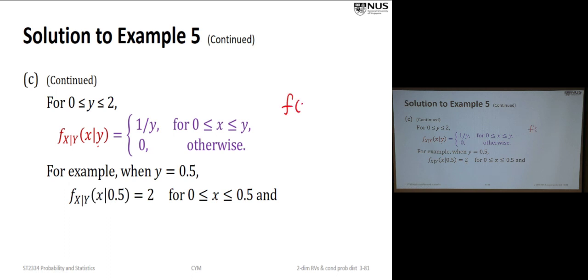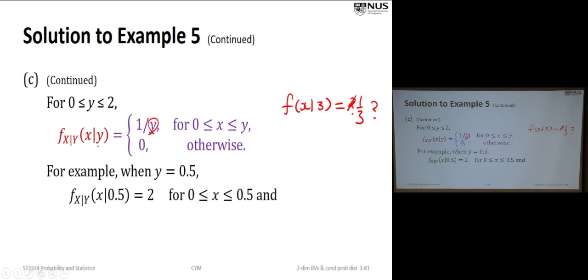How about this? What is this? Is it 1 over 3? This means that when y equal to 3, how does x behave? Is it equal to 1 over 3?